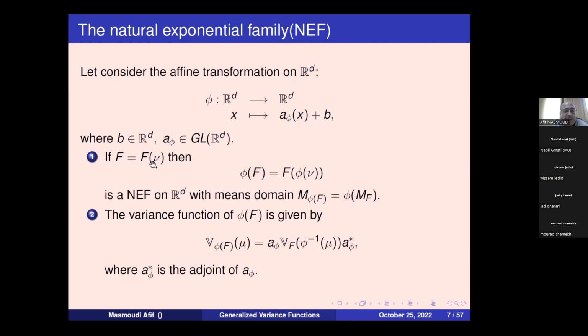So if F is a natural exponential family generated by nu, then the image of the natural exponential family F is also a natural exponential family generated by phi, with means M phi F and its variance function given by this expression.